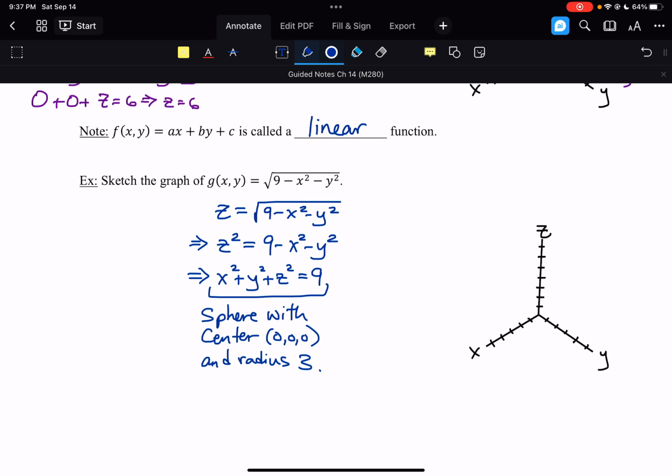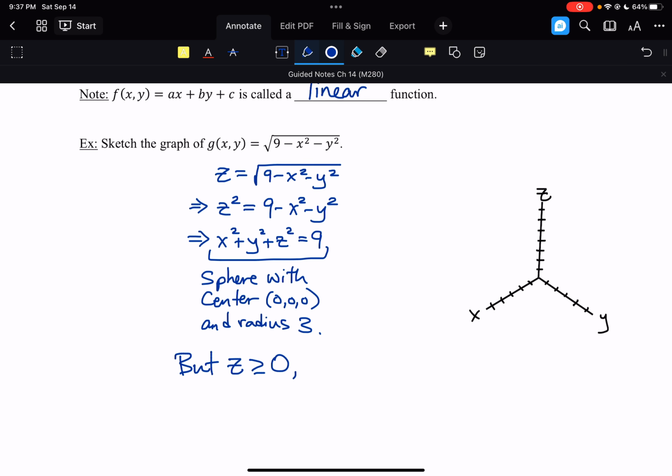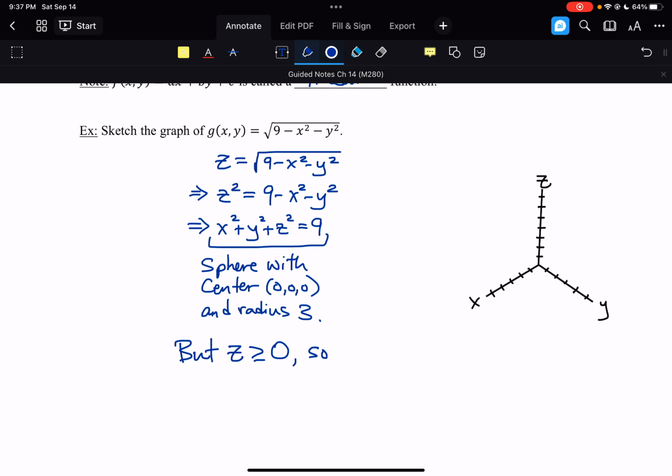So we need to take that into account. So we can say, but z is greater than or equal to 0. So it is an upper half sphere. Okay, so we're still going to have a radius of 3.